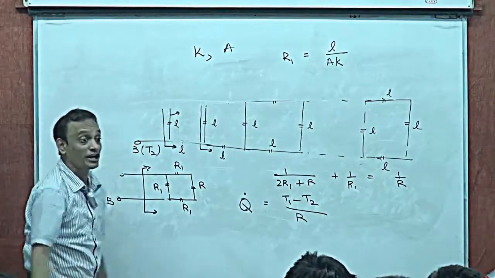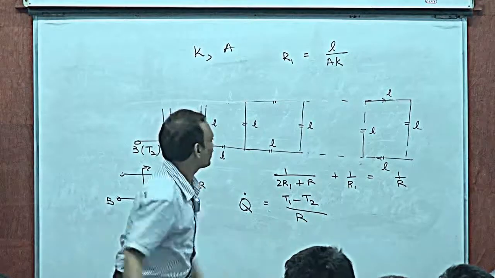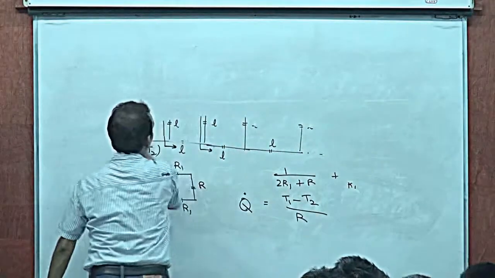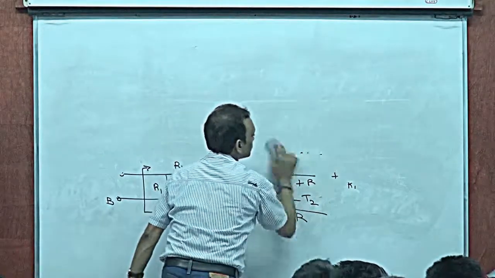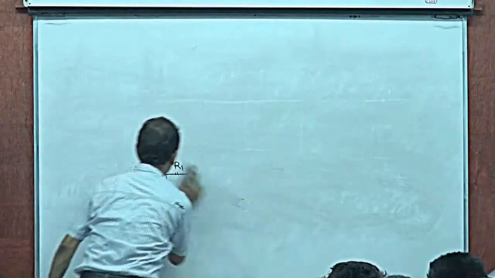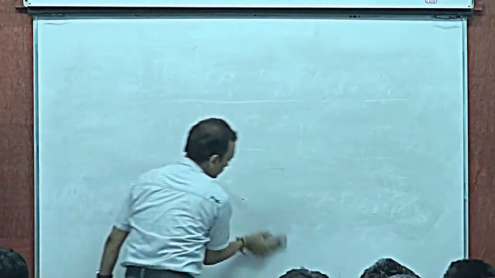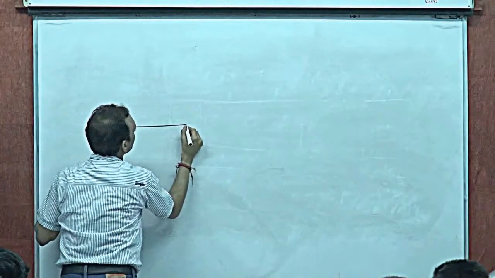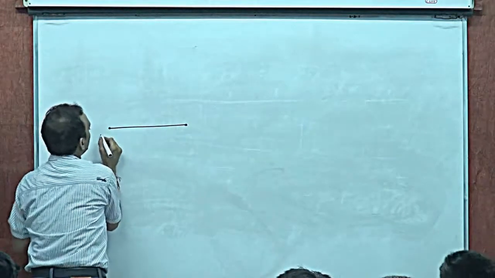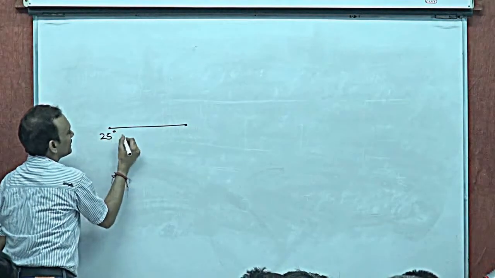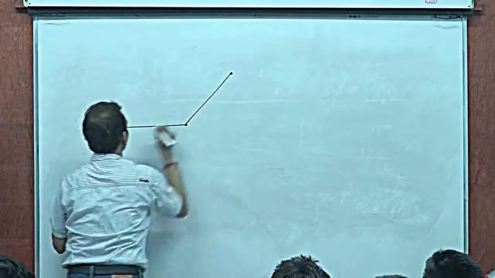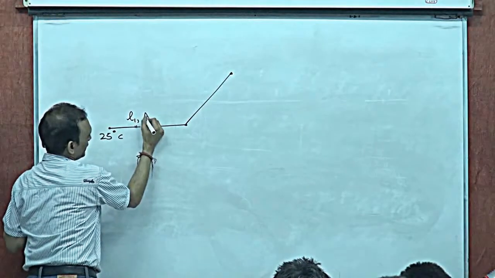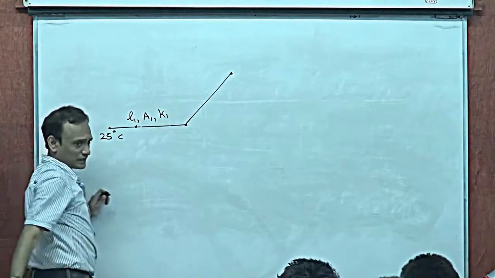The algebraic sum of the currents entering a junction will be 0, right? Which means, let's say there is a rod here, and this end is maintained at 25 degrees centigrade. Say this is length L1, area A1, thermal conductivity K1.